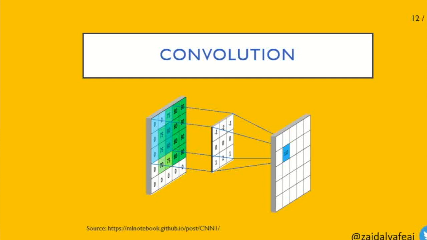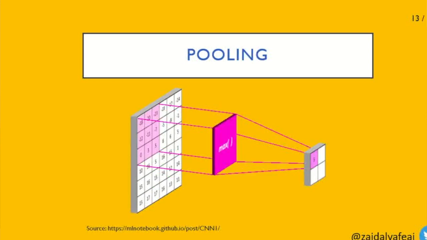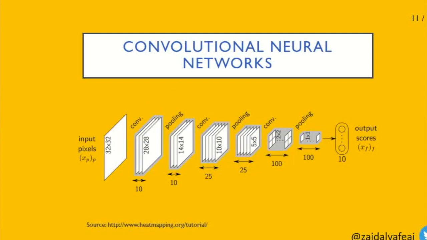For instance, this filter might learn that there is an edge there. As you go deeper in the convolutional layers, later layers will learn more complicated structures. At first, it will learn edges. Then it will learn circles, triangles, and at the end, it will give good classification information about the data that you have.